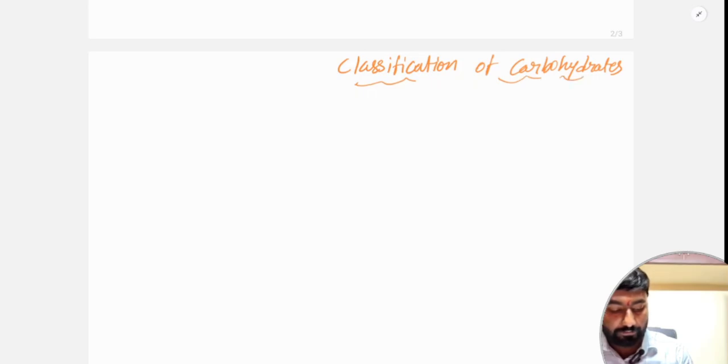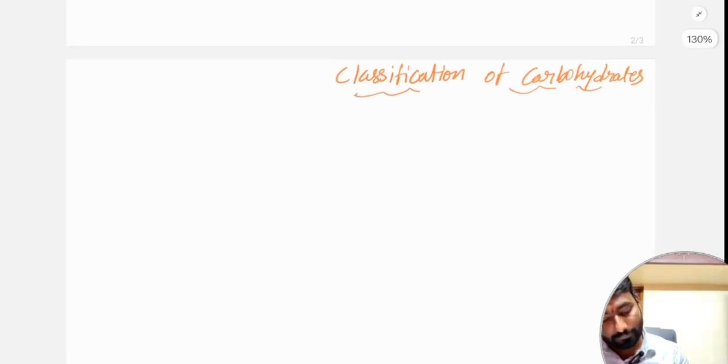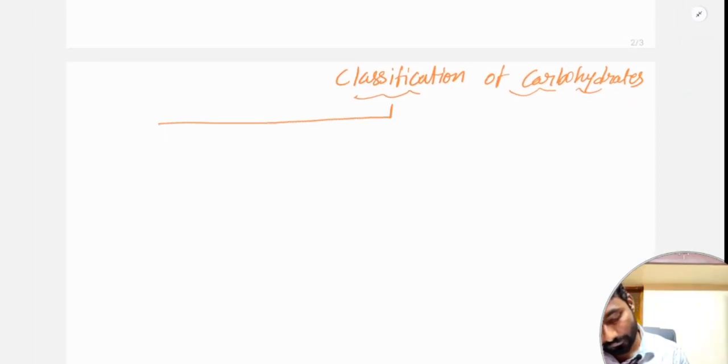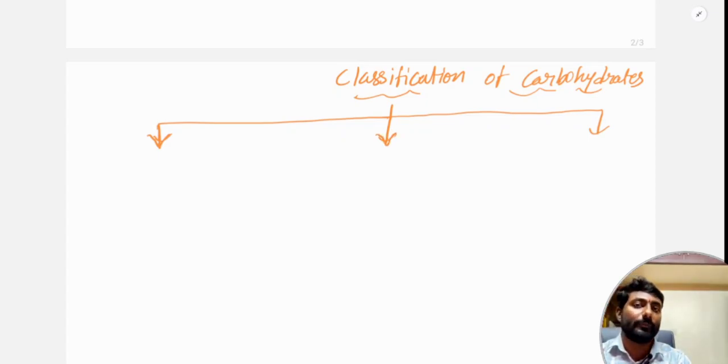Classification of carbohydrates. Carbohydrates are basically classified into three groups based on the number of monomeric units present in them.